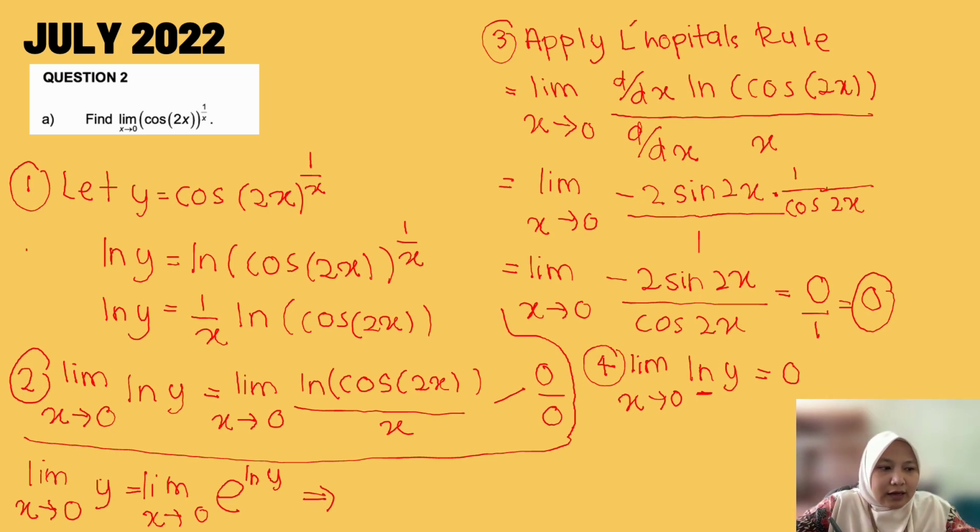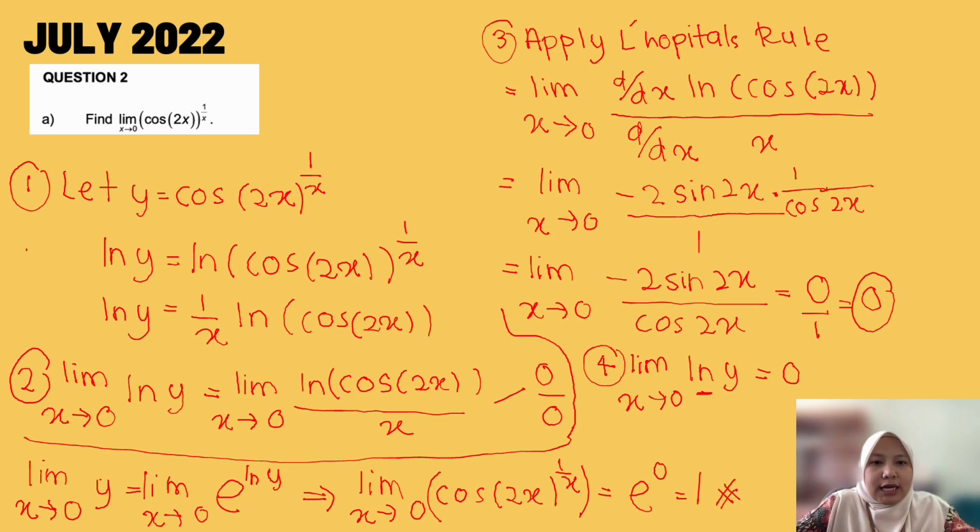So therefore our limit of x approach to 0 of our function from the questions will be equal to exponent 0, which also equals to 1. So this is our final answer.